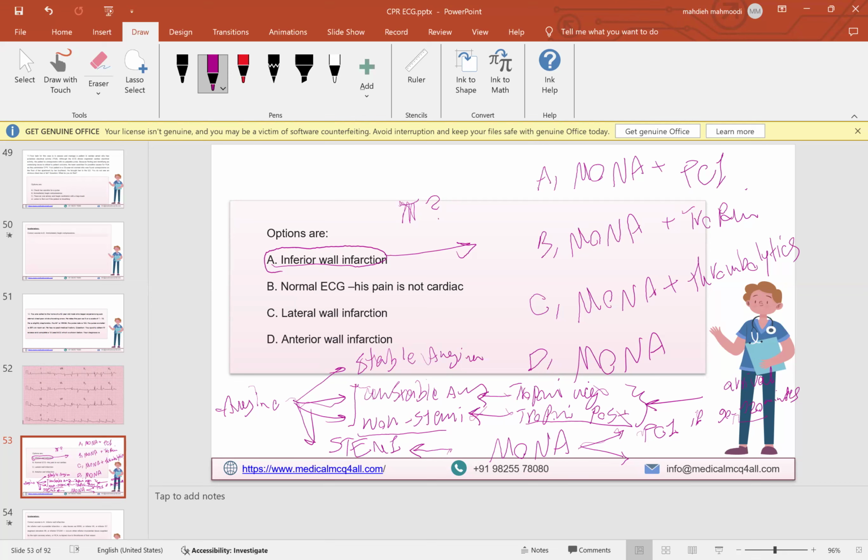But if PCI is not available within 90 to 120 minutes, your next option would be thrombolytics. Of course, when you do thrombolytics, you have to make sure there are no contraindications. There is a long list of contraindications, absolute and relative. Thrombolytics, you can tell by the name, do lysis on any thrombus. Technically, it means your blood doesn't clot.